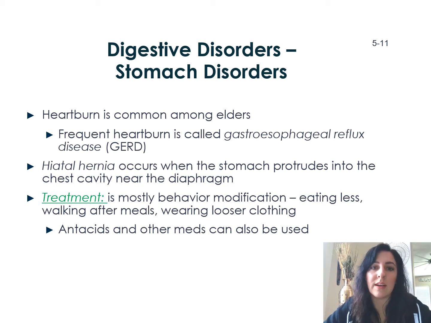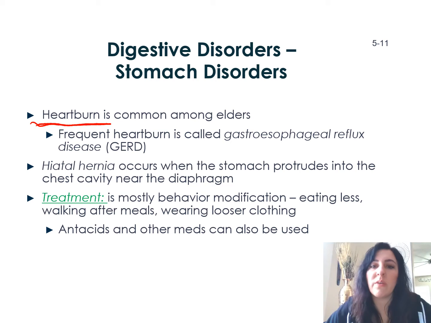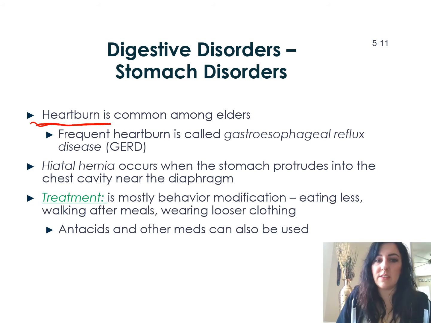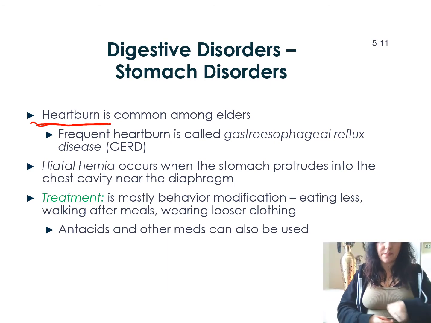So then we have stomach disorders. All right, so heartburn is the most common, okay, among older adults. Frequent heartburn is called gastroesophageal reflux disease, okay, GERD. All right, hiatal hernia occurs when the stomach protrudes into the chest cavity near the diaphragm. So it's like right around here.